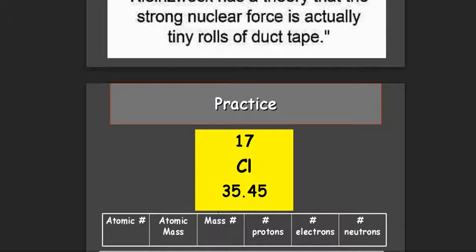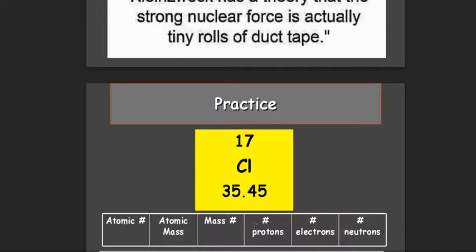That is a little bit different from the mass number. What the mass number is, they round this to a whole number, which would be 35. And basically what you're saying is there are 35 things, 35 protons and neutrons inside of the nucleus, and that's going to be a whole number.